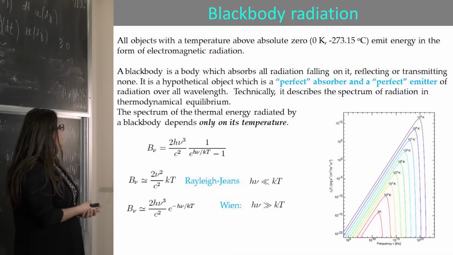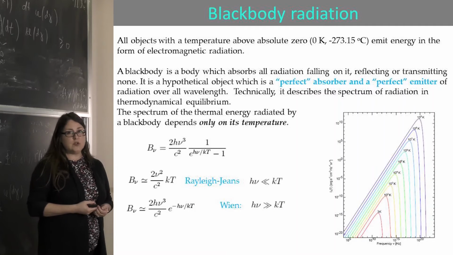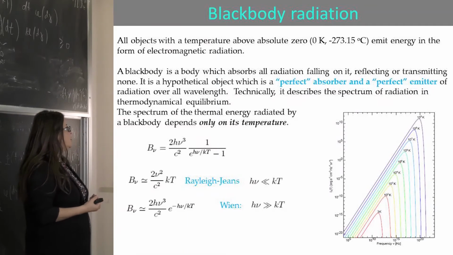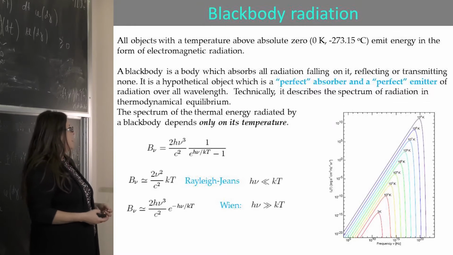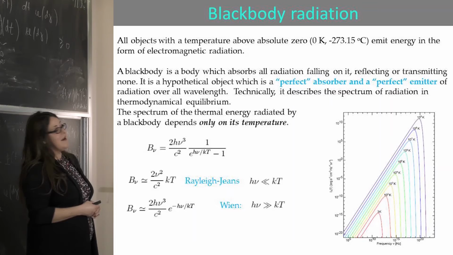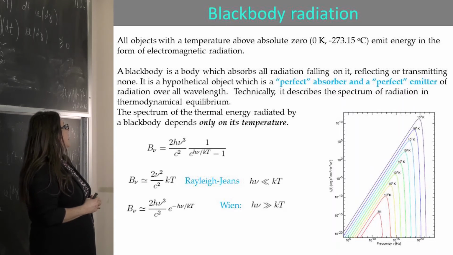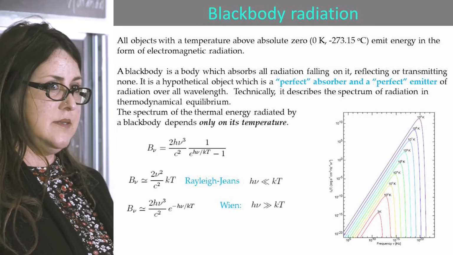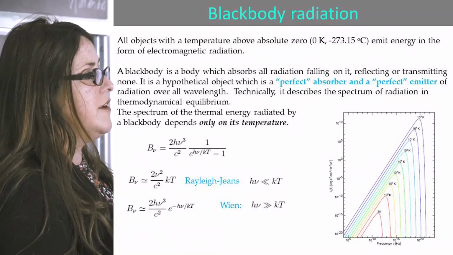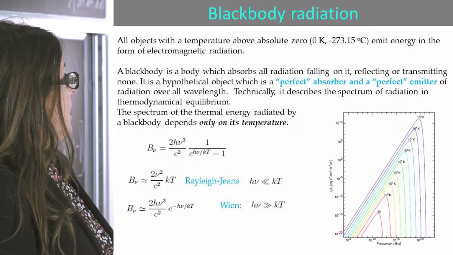A black body is a hypothetical object which is considered a perfect absorber and a perfect emitter. So it is a body which is able to absorb all the radiation falling on it without any reflection or transmission of light. Technically, the black body spectrum describes a spectrum of radiation which is in thermodynamical equilibrium.